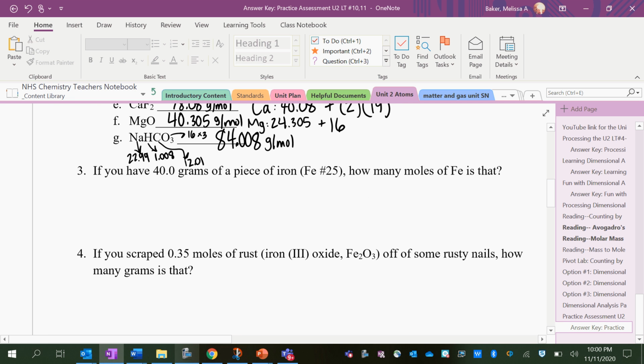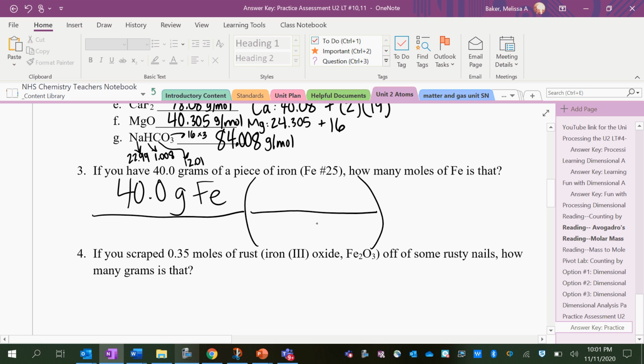All right. What if you've got 40 grams of a piece of iron? How many moles is that? Well, we want grams of iron to cancel out, and we want it to convert into moles of iron. So we want grams to be on the bottom so that those units cancel out. But we need to set up a conversion.